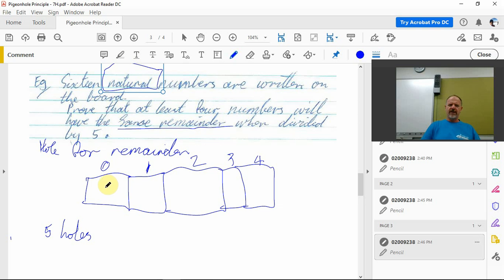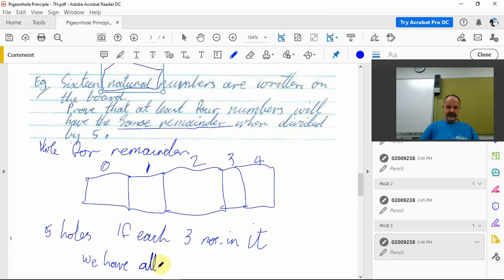So if I, for example, had 3 numbers in each hole, then we would have allocated 3 times 5, which is 15 numbers.